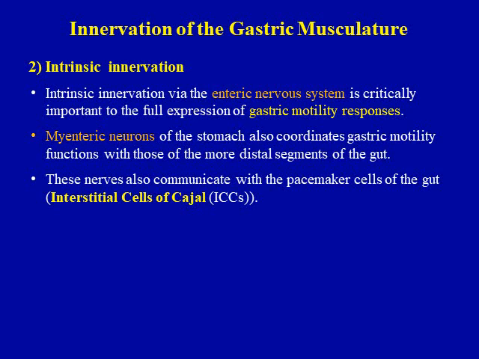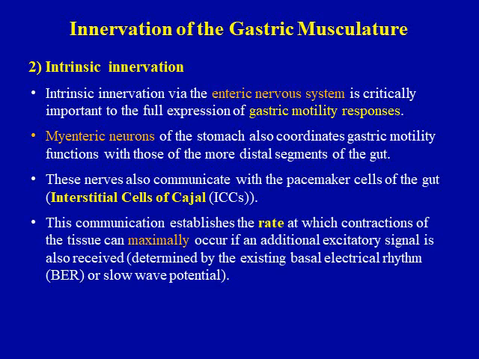They are specialized smooth muscle cells that have pacemaker potential, with spontaneous depolarization. They are similar to the specialized cardiomyocytes present in the heart, which represent 1% of the total number of cardiomyocytes, and we call them the autorhythmic cells.